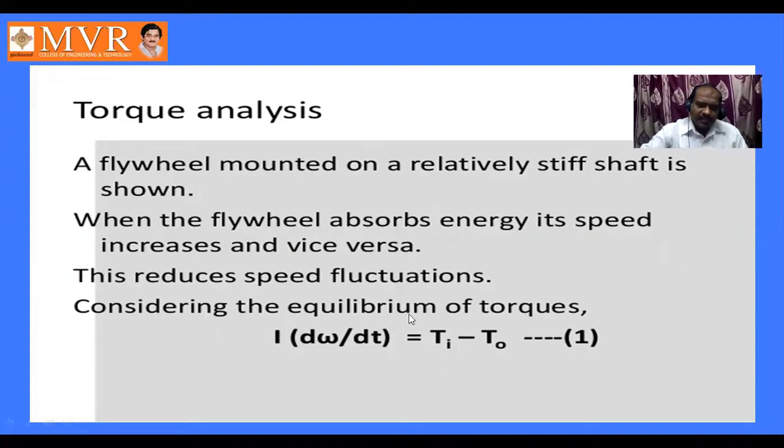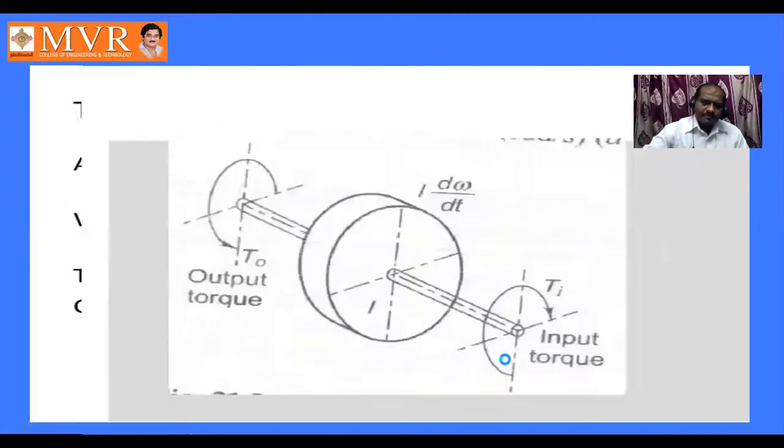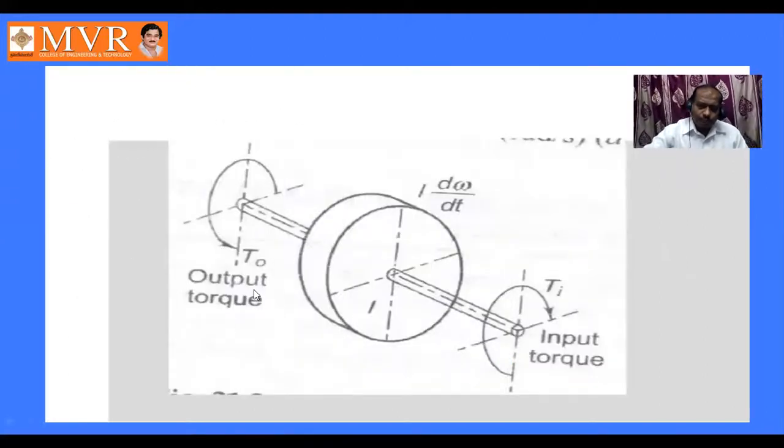Considering the equilibrium of torques, I dω/dt equals Ti minus T0, that is, input torque minus output torque, where dω/dt is the angular acceleration. The input comes from the connected IC engine and we take the output.